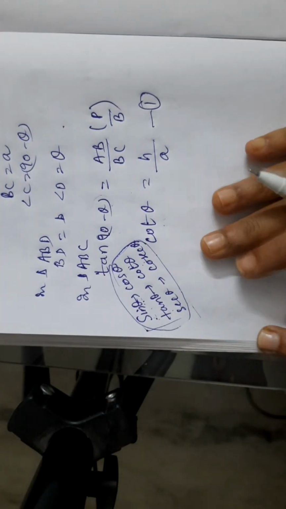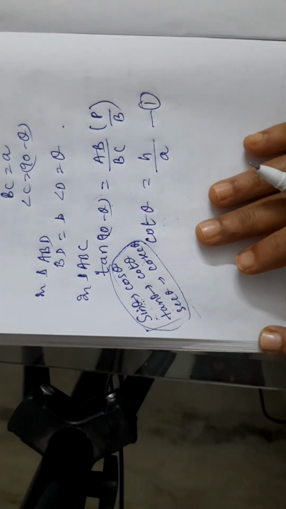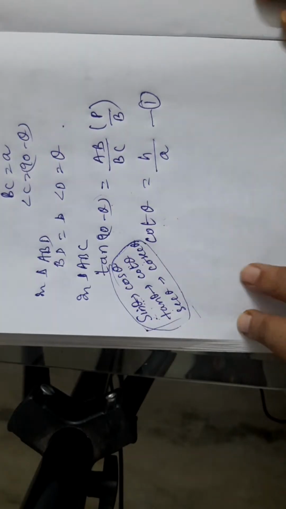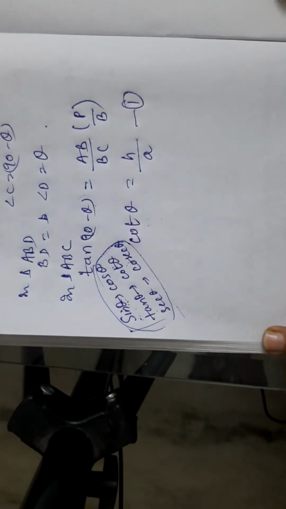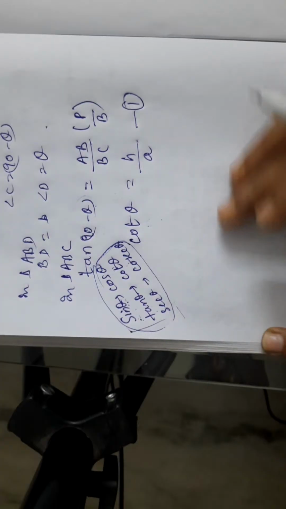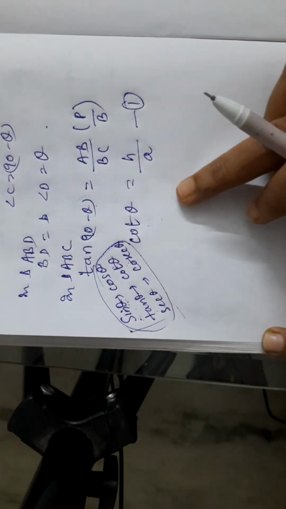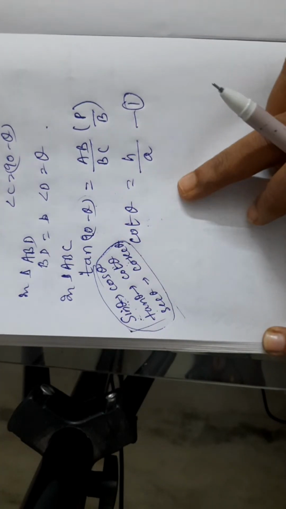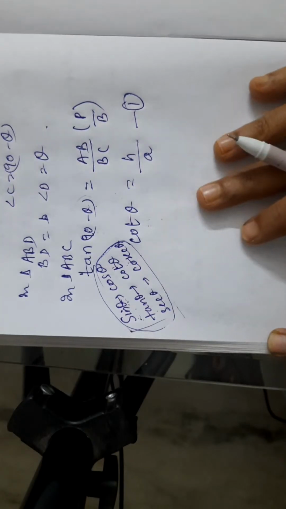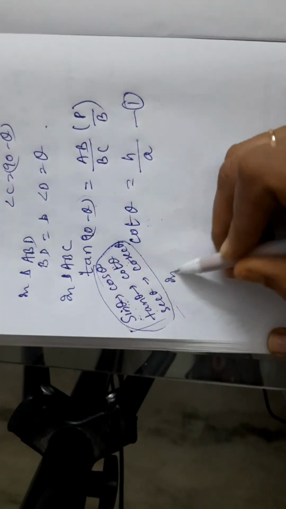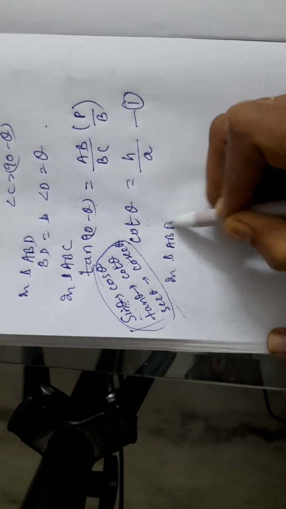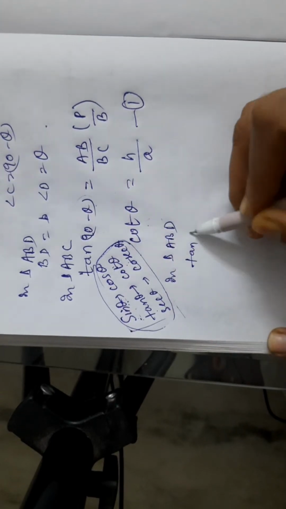Same property we used in the exercise, last question, second last question. If you remember, we needed to find the distance where it would be 36 something. I'll solve that same question with this formula only, though this is not in the syllabus, but we use it. Now in triangle ABD, tan theta.